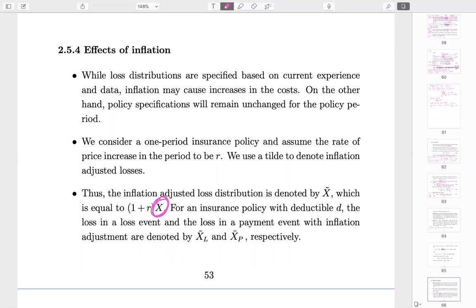There are several reasons why it is important to consider inflation. For instance, money is losing value because of inflation. If we consider auto insurance, you need to take care of inflation because the wages of people working at the garages increase from year to year.